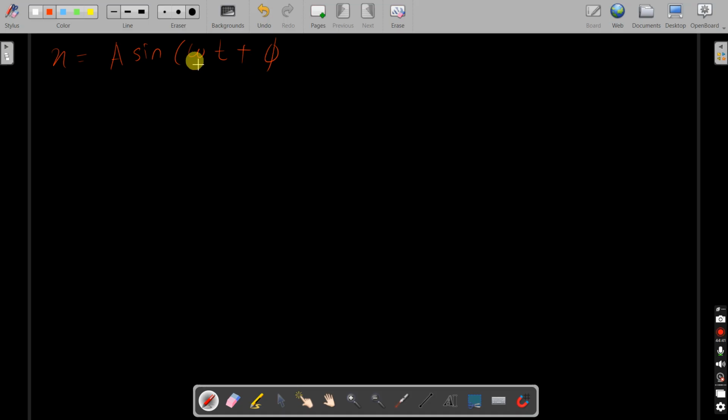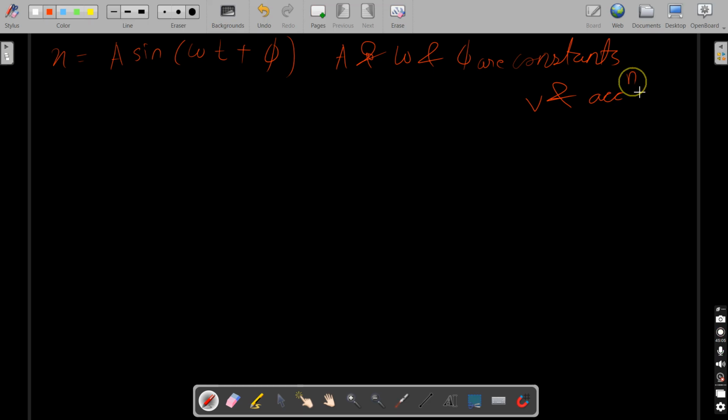Here a, omega and phi are constants. So we have to find velocity and acceleration.